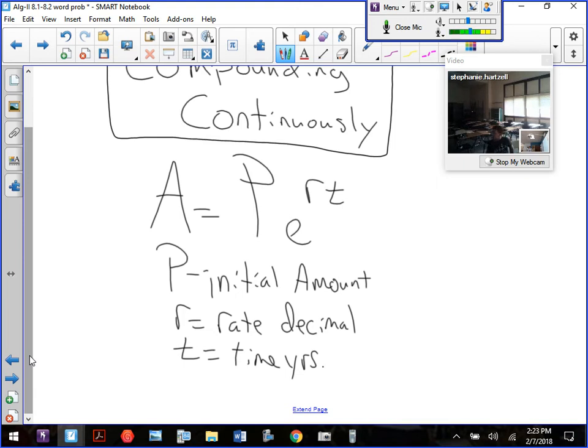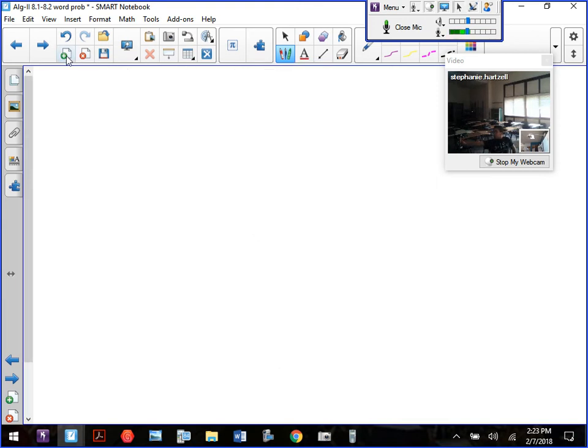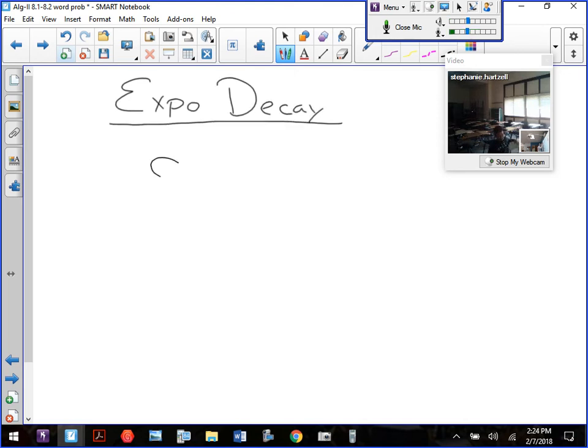So that gets us to be able to talk about what's called a decay problem. When we had exponential decay, it was a times b to the x, where b was smaller than 1 but bigger than 0.